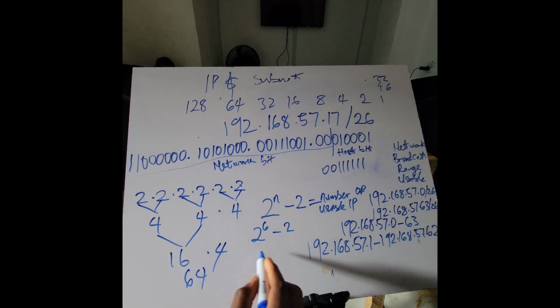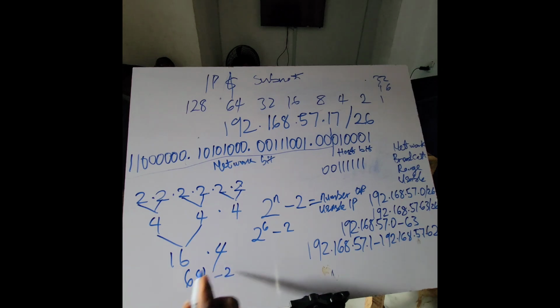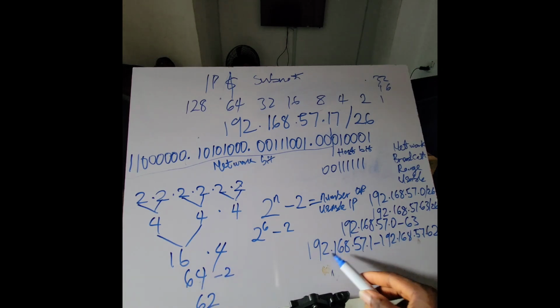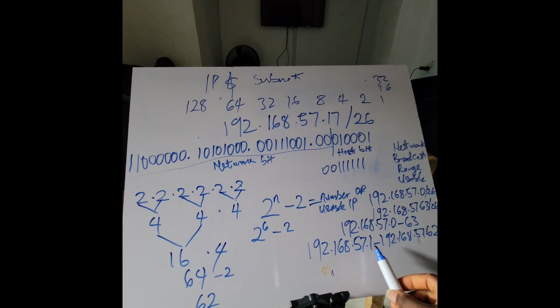So we have 64 minus 2, which is going to give us 62. So we can see here 192.168.57.1 to 62. So we have 62 usable IP addresses.